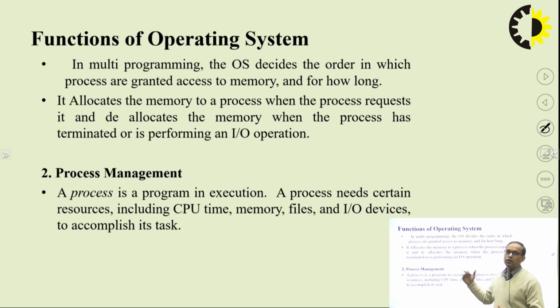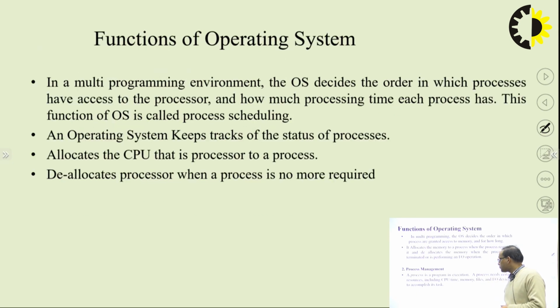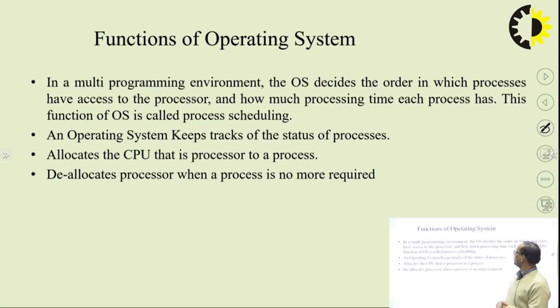So what are the different tasks or activities that the operating system performs in context to process management? In a multi-programming environment, the operating system decides the order in which the processes have access to the processor. Multi-programming environment means more than one program is available in main memory, waiting for the allocation of the CPU or waiting for execution.